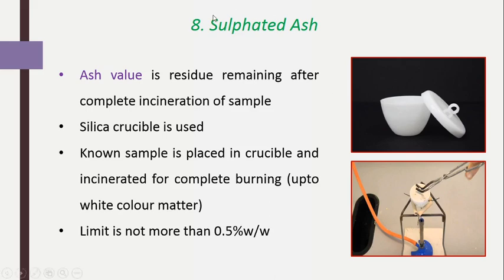And at the last we have seen the sulfated ash, where the sample is completely burned and checked for the white residue remaining after complete incineration. The limit for this test is that the ash should not be more than 0.5% weight by weight. So this is about the evaluation tests of absorbent cotton.